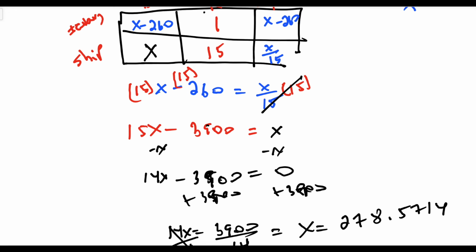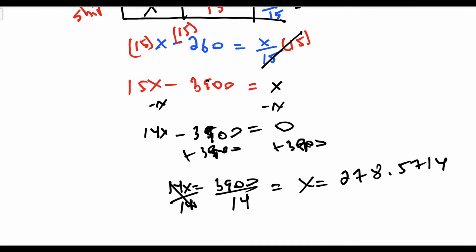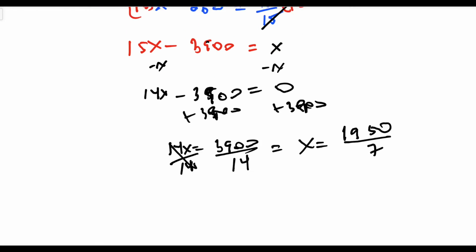Okay, well, if we turn this number to a fraction, that doesn't help. Well, okay, so I'll write it as a fraction actually. So I hit math, enter on the calculator, and I got it as 1950 over 7. A little bit better.